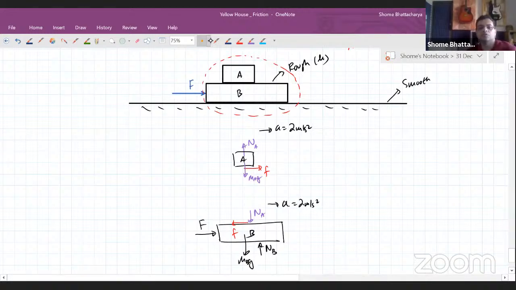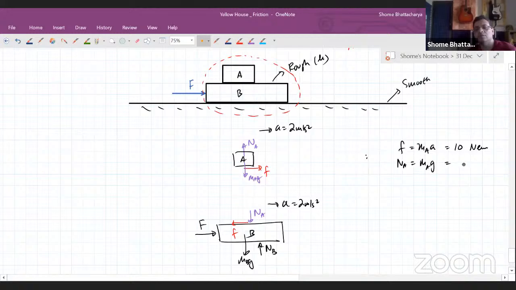From A's free body diagram, we can analyze that the friction acting on A is mass of A into that acceleration. So that is equal to 5 into 2, 10 newtons. Whereas the normal reaction acting on A is equal to its weight, so that is equal to 50 newtons.